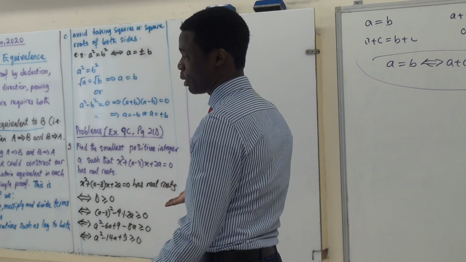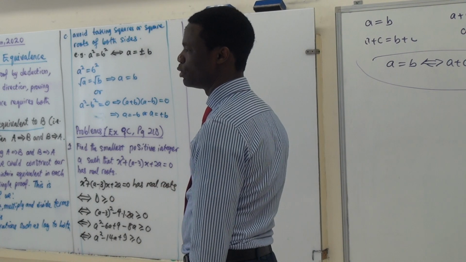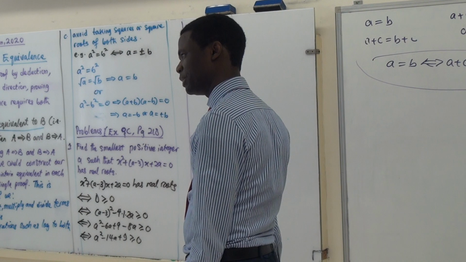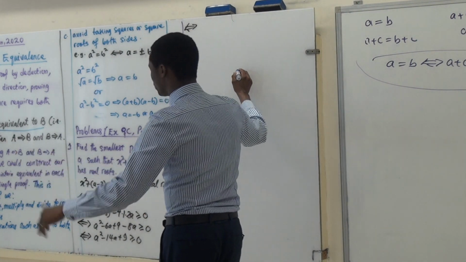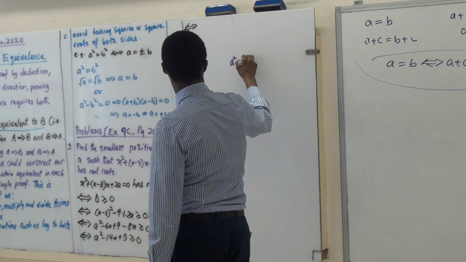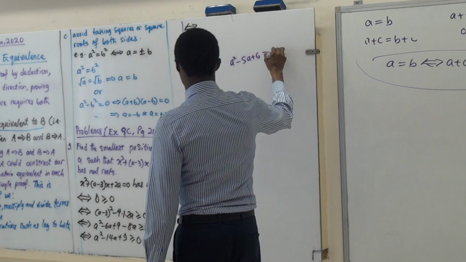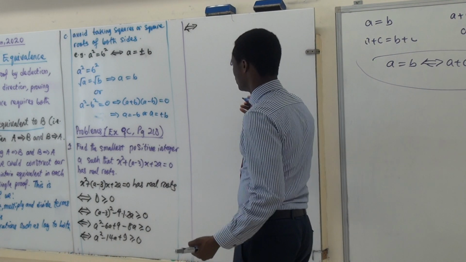In this case, if you use the formula, you get two values. Would you say the two values are greater than 0? I'm trying to tell you why the formula doesn't make sense. If you have something like a squared minus 5a plus 6 greater than or equal to 0, and you claim to use the formula, how do you write it?